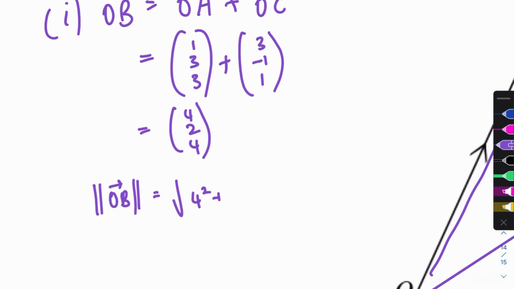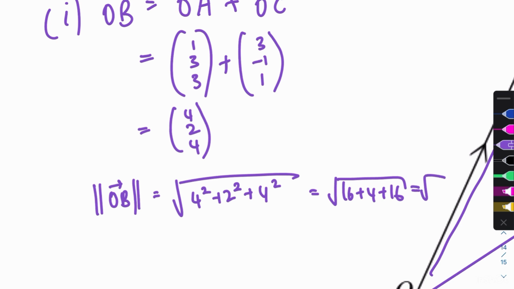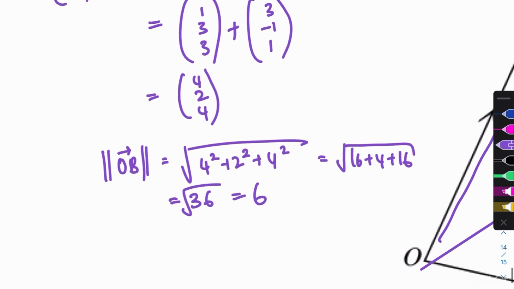So 4 squared plus 2 squared plus 4 squared, which is equal to the square root of 16 plus 4 plus 16, which is root 36, which is 6.